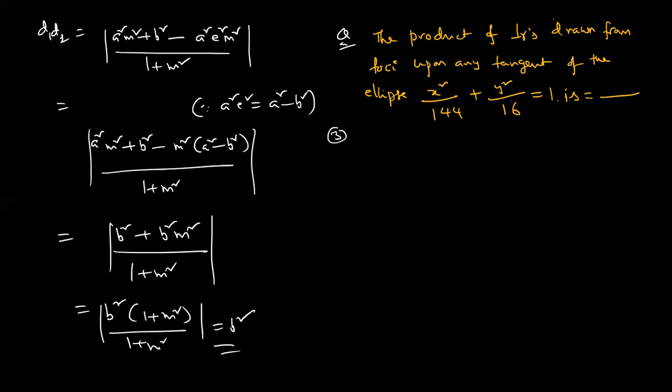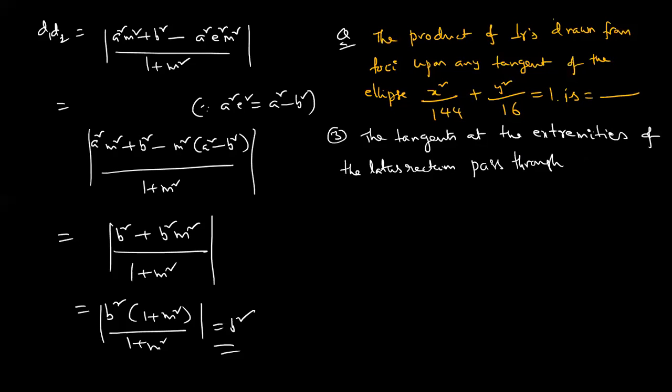Property number 3. The tangents at the extremities, meaning endpoints, of the latus rectum pass through the corresponding foot of the directrix on the major axis.